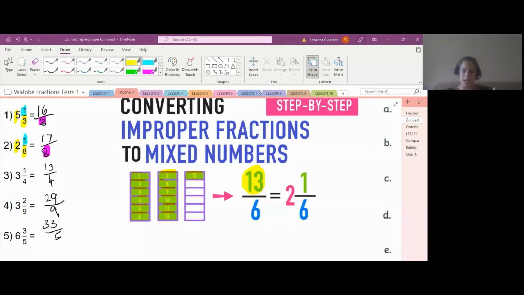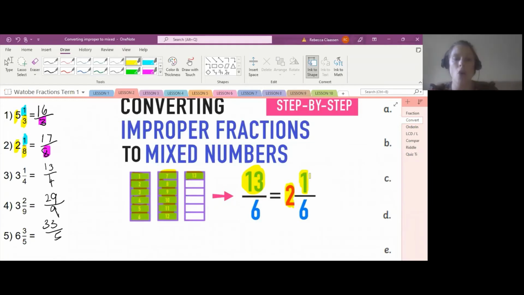And how many times can 6 go into 13? It can go in 2 whole times. And what's left over? 1 piece, because 6 times 2 is 12, so I've got 1 left over. And so my mixed number then is 2 and 1 sixth.